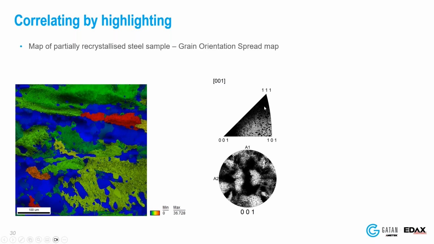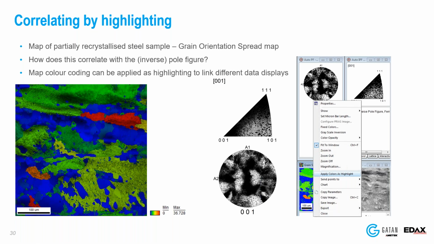Or can you? So if I go here now, I color code this map. I make it a grain orientation spread as I showed before. So we can look at low orientation spread, recrystallized, and a large orientation spread is deformed. I can then tell the software to use that data in my pole figures as well. So right click, and in the menu that pops up, you can say apply colors as highlight.